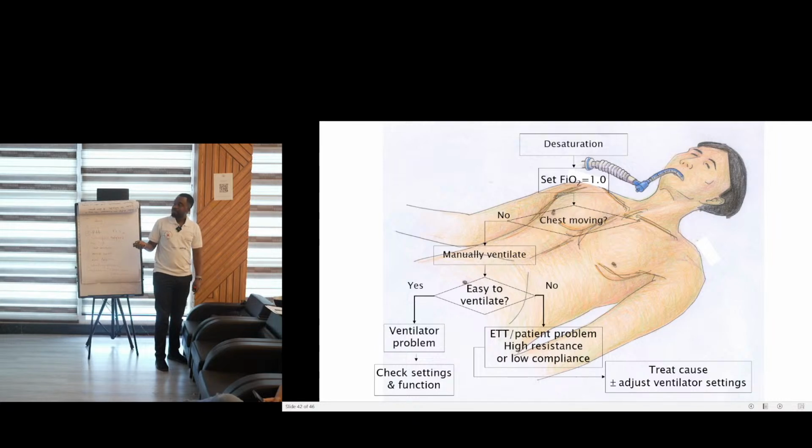But if no, it's difficult to ventilate your patient with a bag valve mask, then it means there's an issue with the patient or the ETT. You can do suctioning or change of the ETT, or you can do your inspiratory hold, then do your chest x-ray to actually see what's happening to your patient.